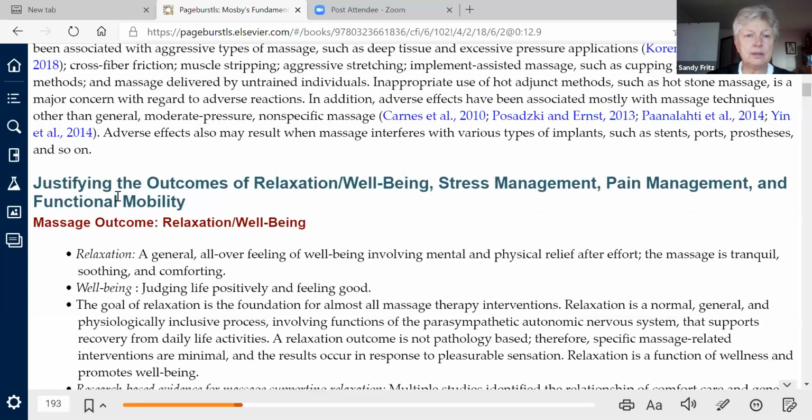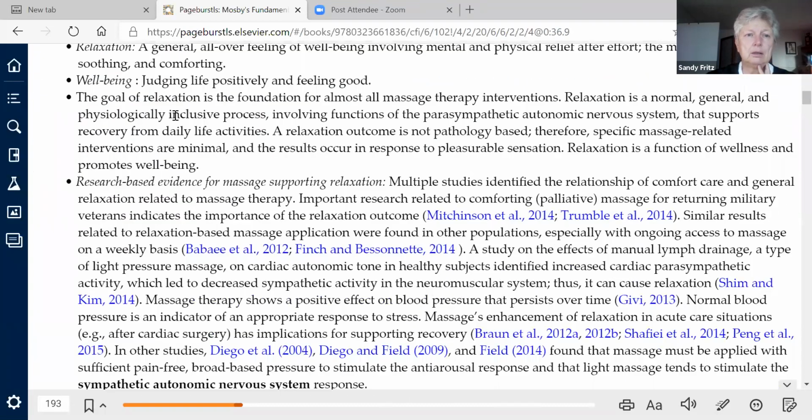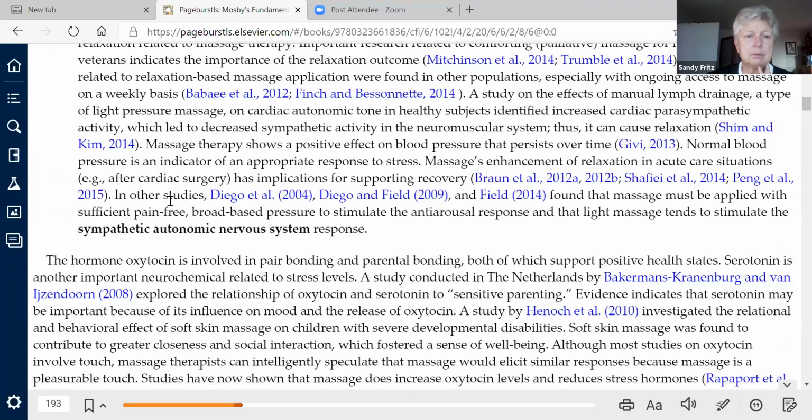Now, this is the section that is going to go through our main outcomes of relaxation, well-being, stress management, pain management, and functional mobility. And we are going to look at each of these through a research lens and read through these.